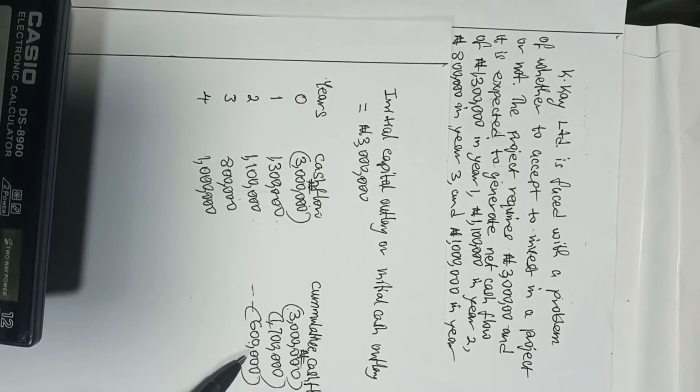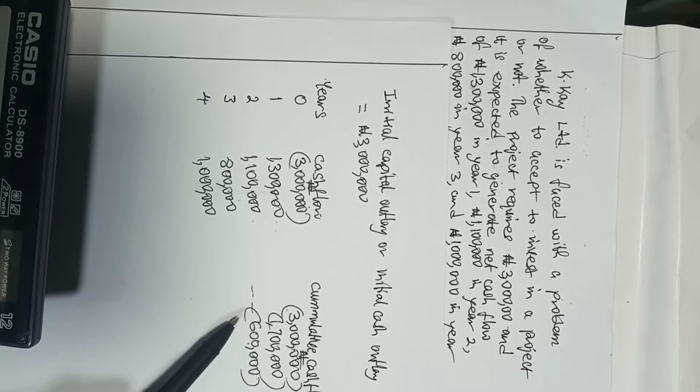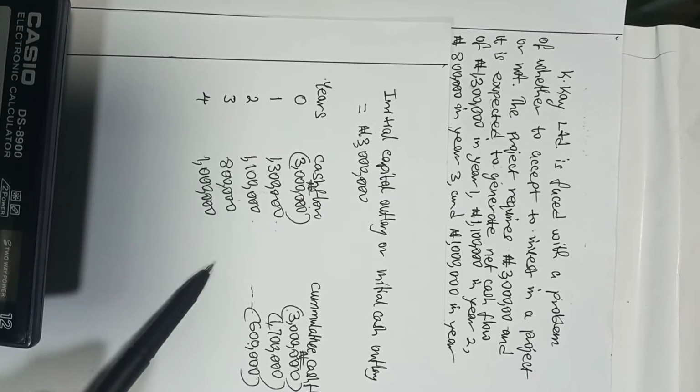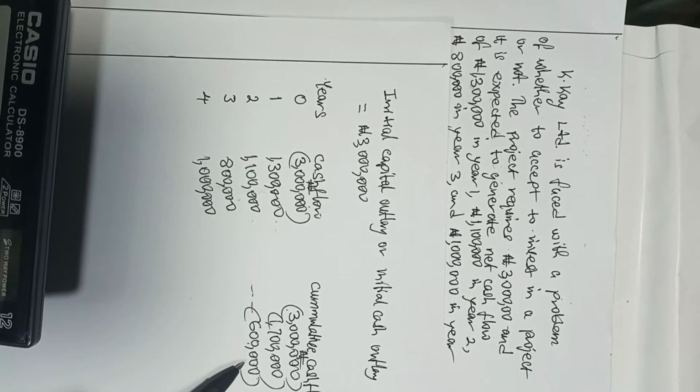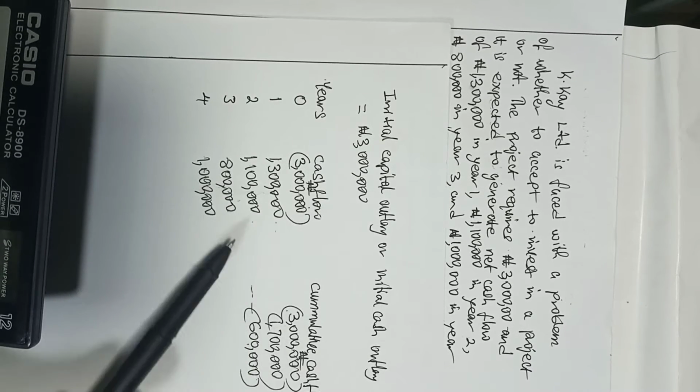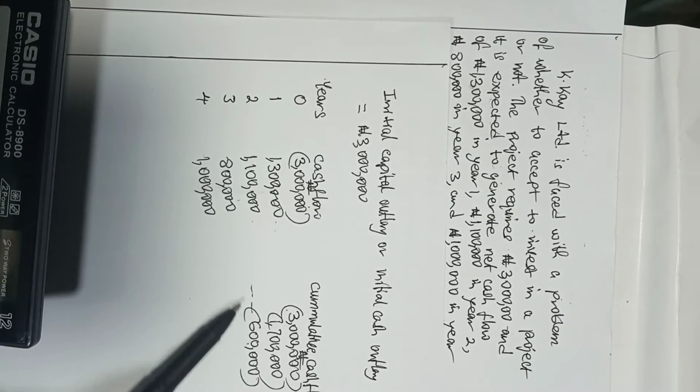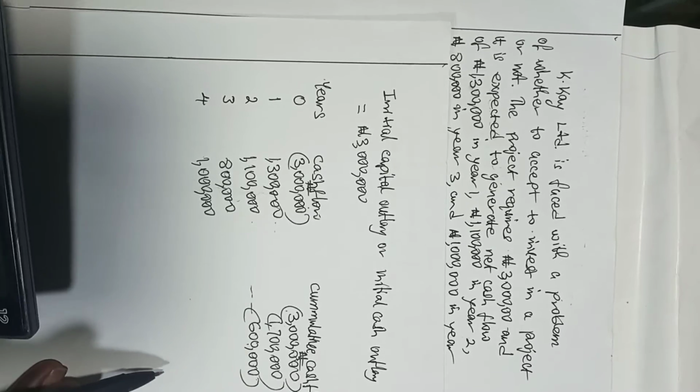That is, we can only take less value away from this 600,000. So if you look at it, it is impossible. So we now do it in this way.